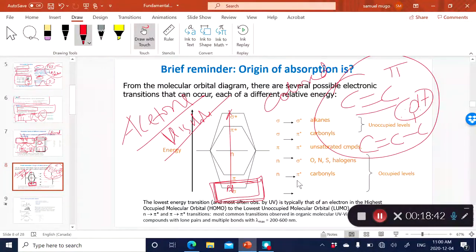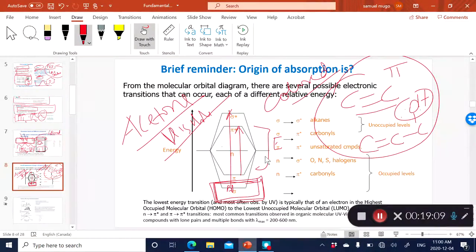And the reason they are colored is because the energy transitions are favored. For example, if I've got a carbon-carbon double bond, there are electrons in the pi orbital, and I can easily excite those electrons to the pi star, or pi antibonding orbital, because the energy gap is not very large, and so they are favored.